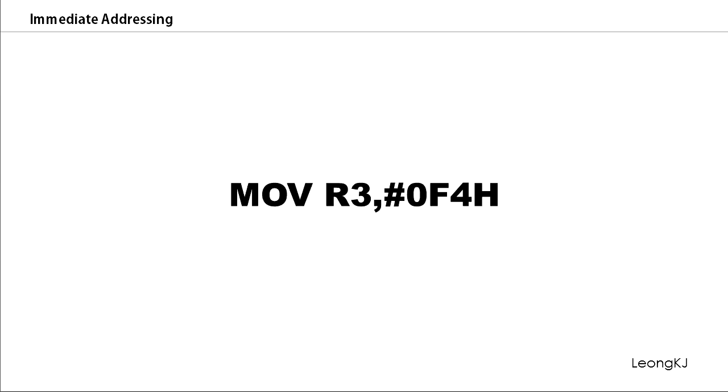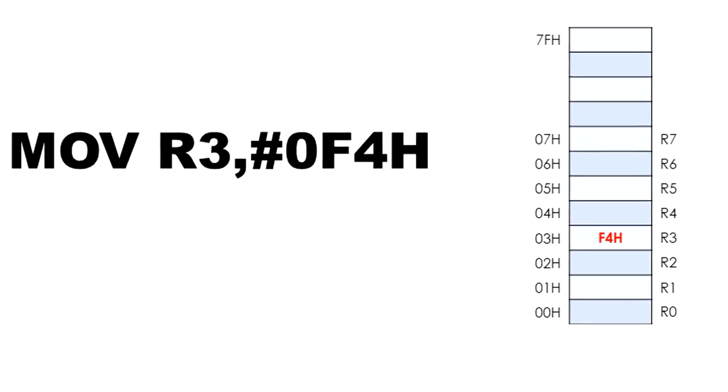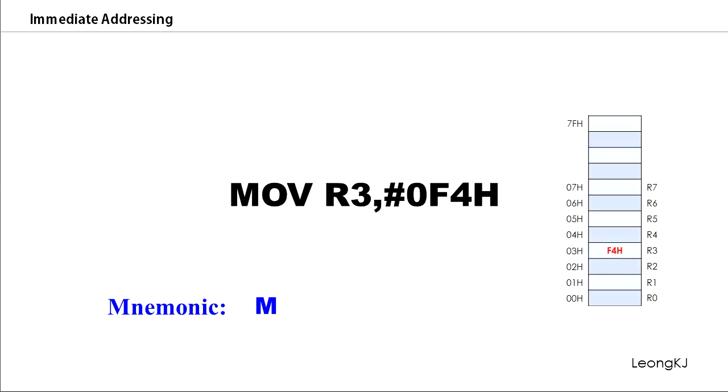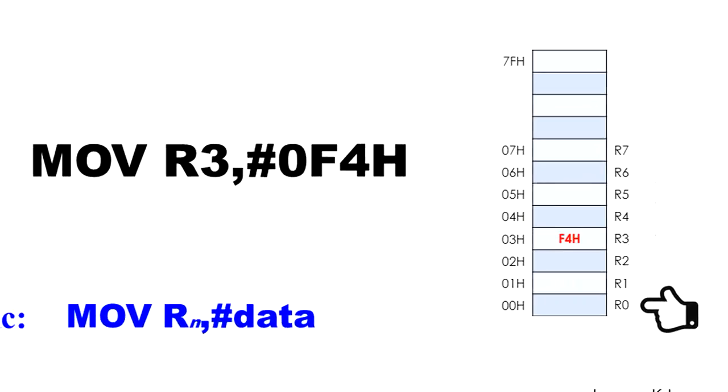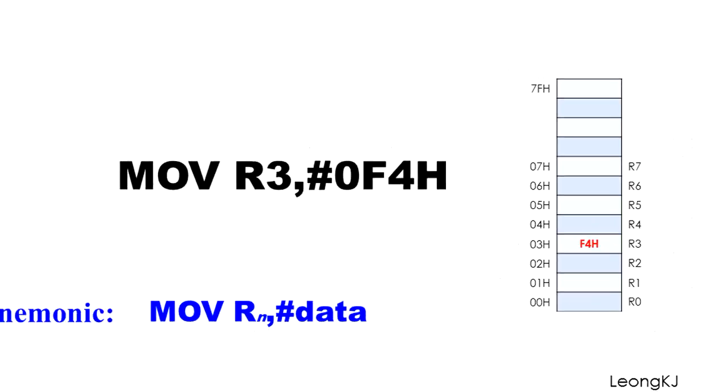The instruction causes the content in the R3 register to be filled with F4 hex. The mnemonics of the instruction is move immediate data to register Rn. Rn represents any register from R0 to R7.